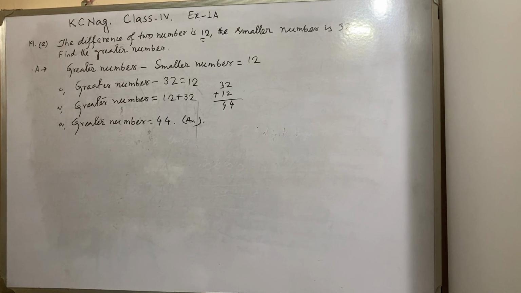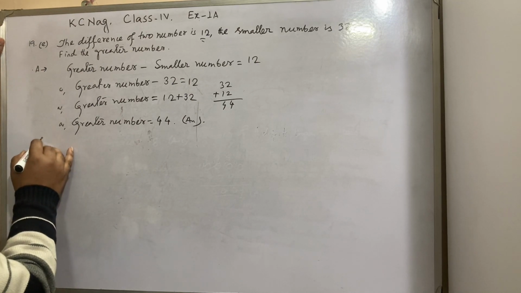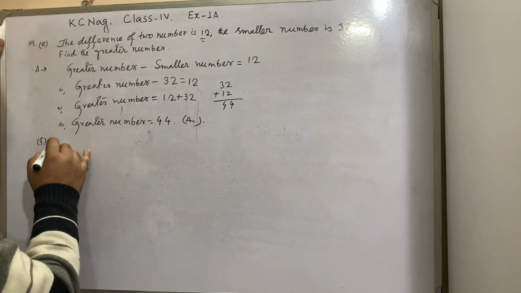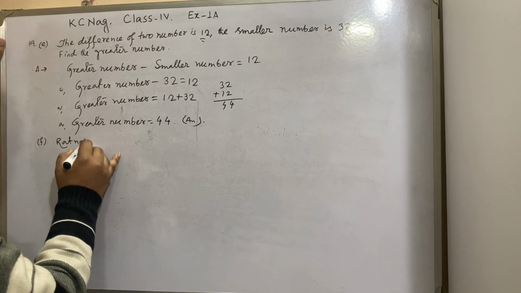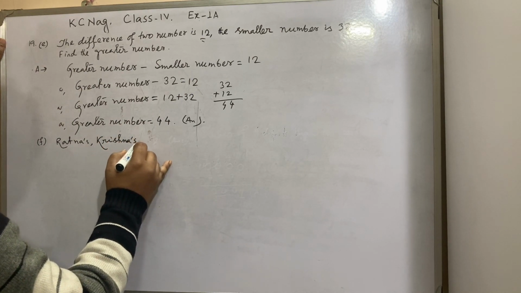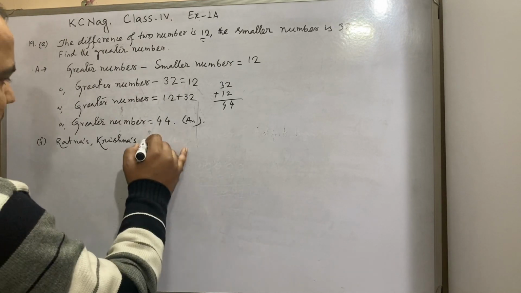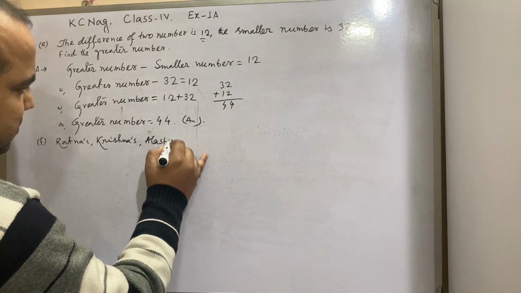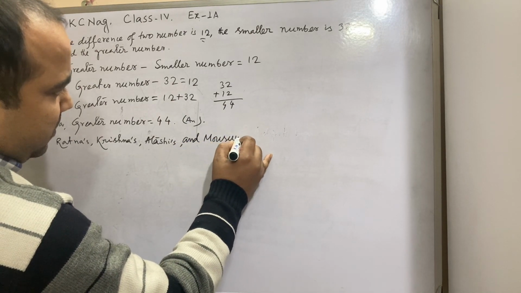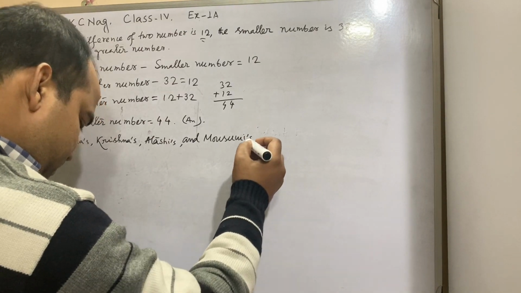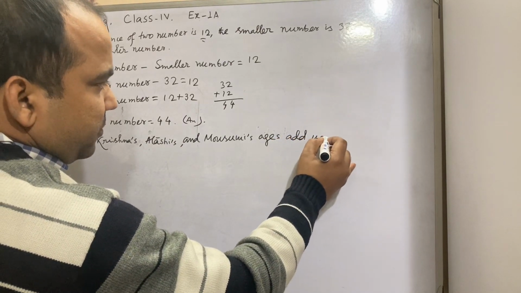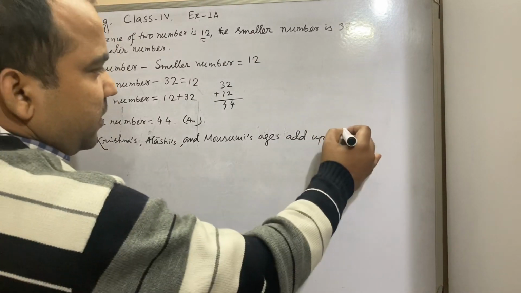Okay, next, question number F. Ratna's, Krishna's, Athasi's and Mausumi's ages add up to 84 years.